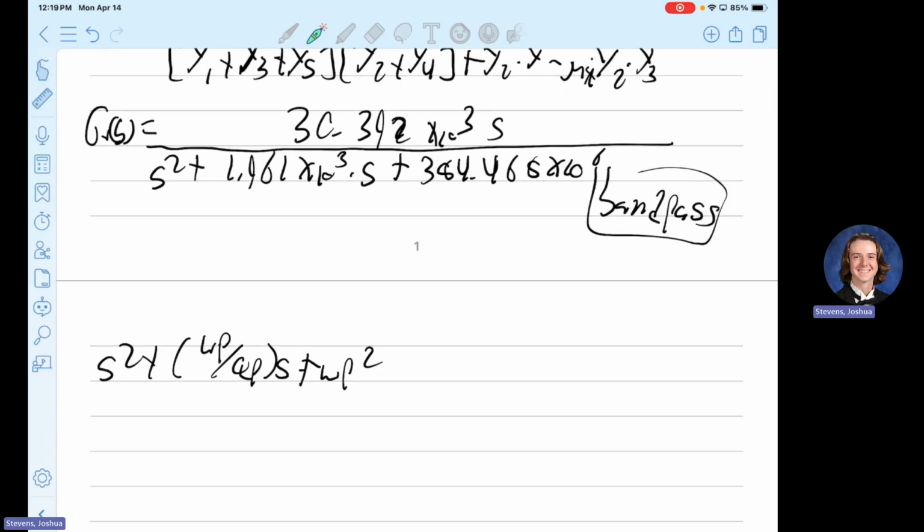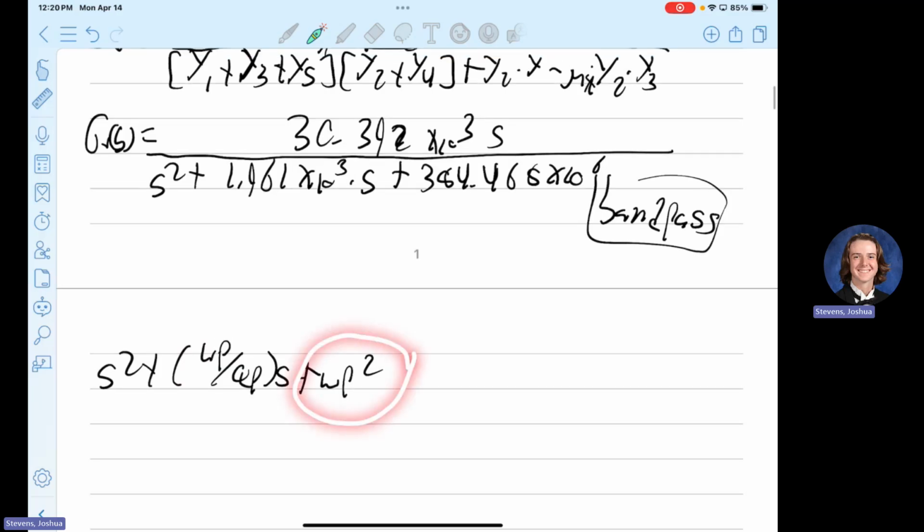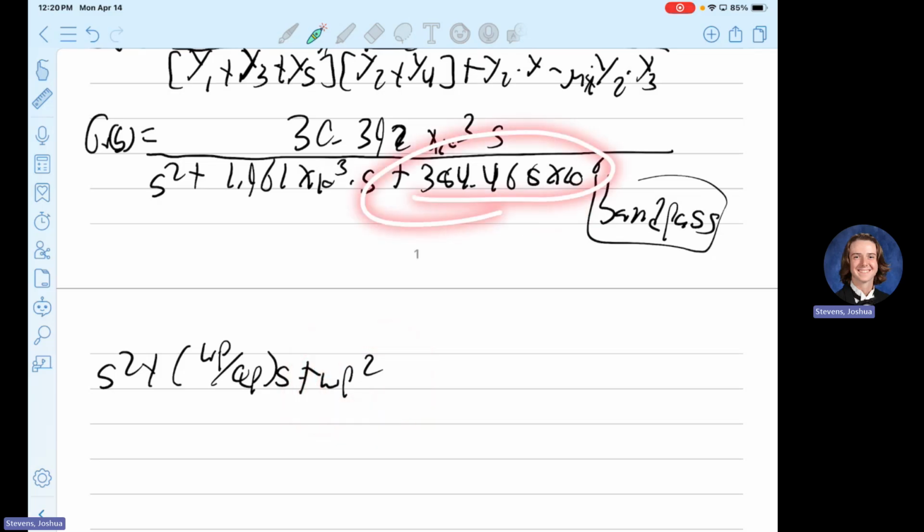I would just say omega P. Because currently we have a fraction, and this fraction here is equivalent to that term. I don't know either of those values yet. But omega P squared here is equivalent to this value here. So to get omega P, we're just going to square root this value. Does that make sense? Yeah.